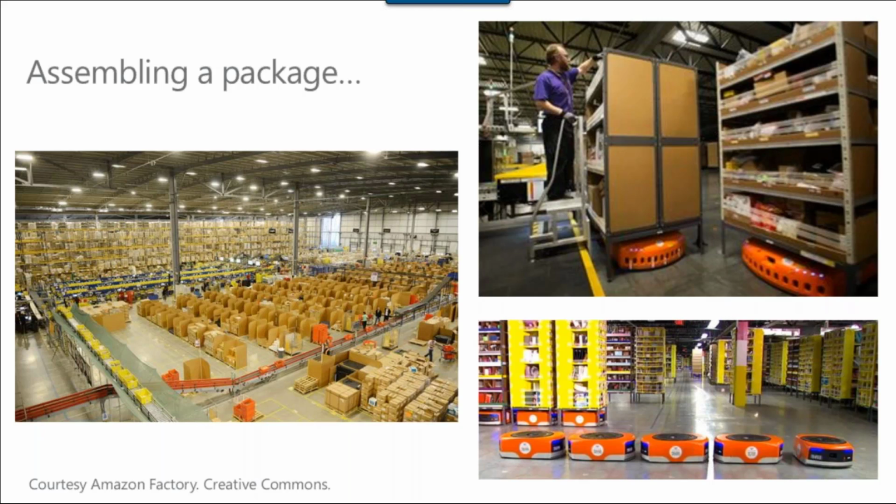They know where these things are, and they bring the entire shelf to the person who can then assemble the package if they don't do it themselves. They'll stick it on a conveyor belt that'll shoot it across the massive factory floors. Pretty wild. Those massive warehouses.